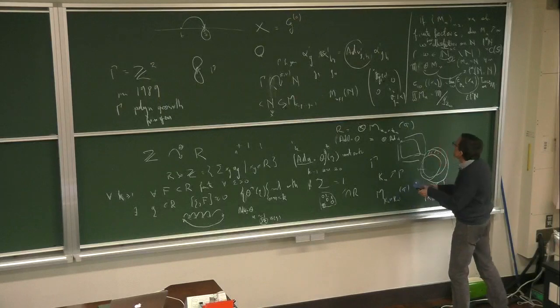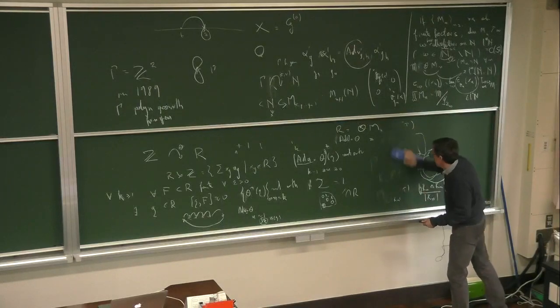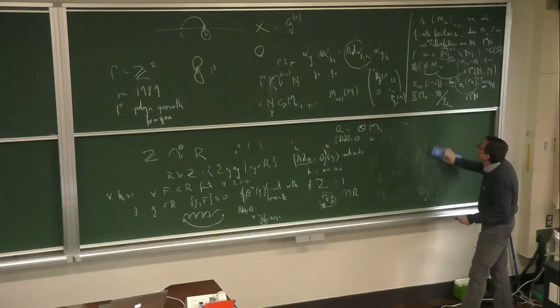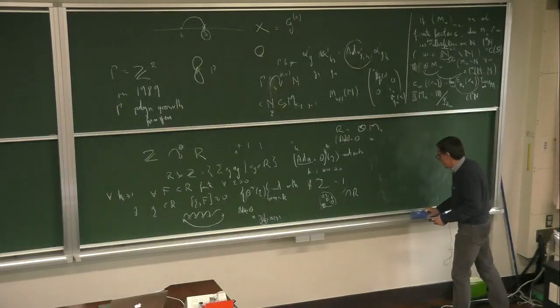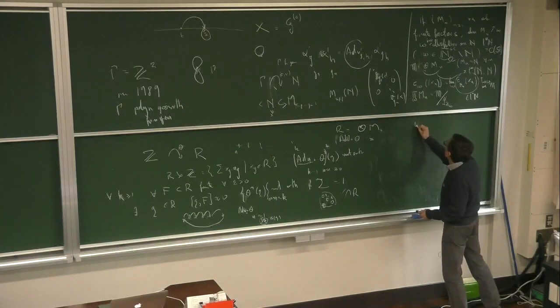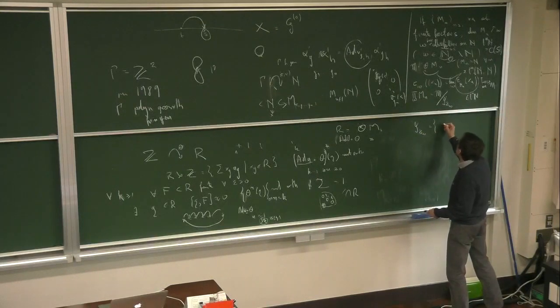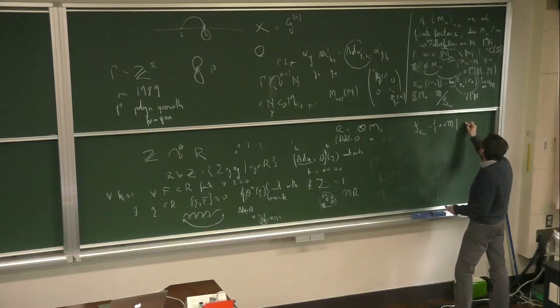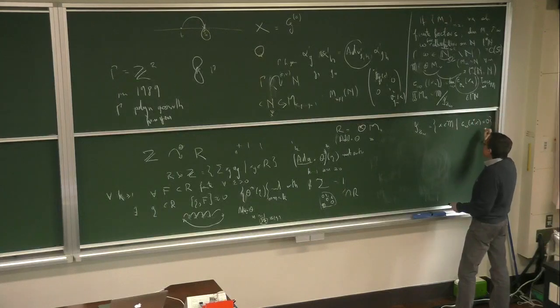Given any trace on a C-star algebra, and M is a C-star algebra, you take the set of all X such that the trace of X star X is zero.